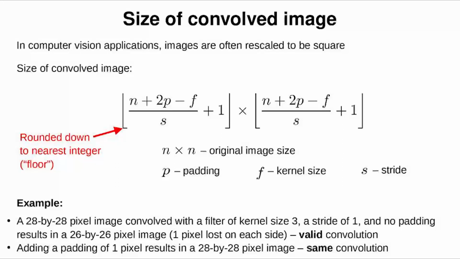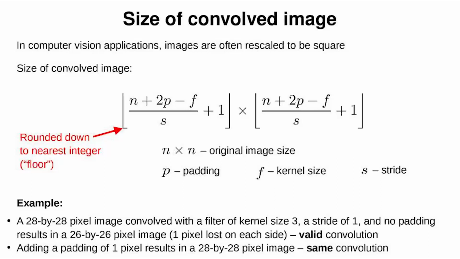Here, the original image has a size of N by N pixels. P is the padding, F the kernel size, and S the stride that we used for the convolution. The brackets with an angle at the bottom denote rounding down to the nearest integer, known as the floor function.